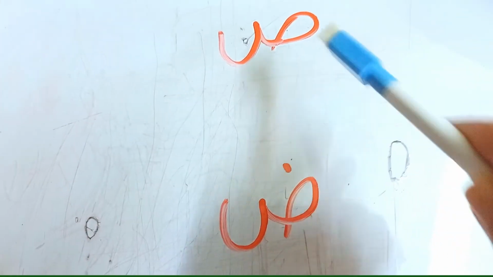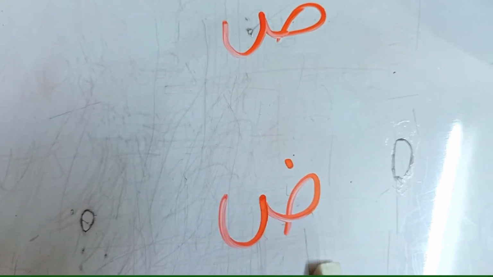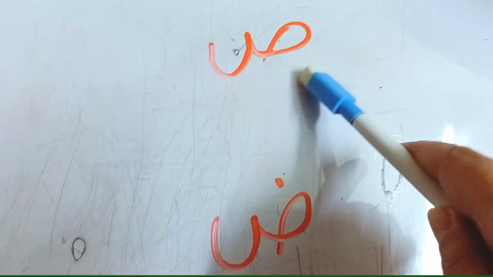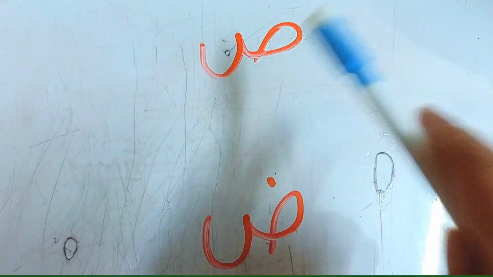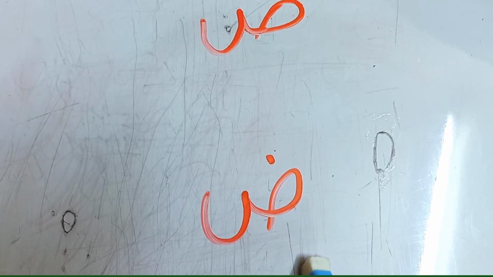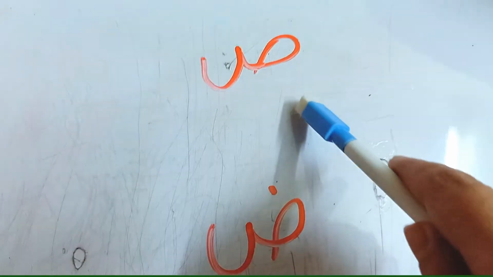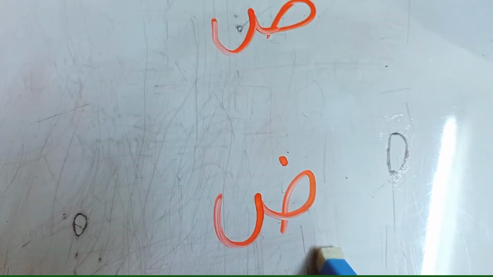These are the separate forms of the letters Sod and Dod. The difference between them is that Sod has no dots, but Dod has a dot above it. Sod, Dod.